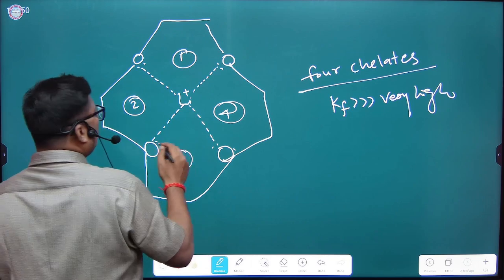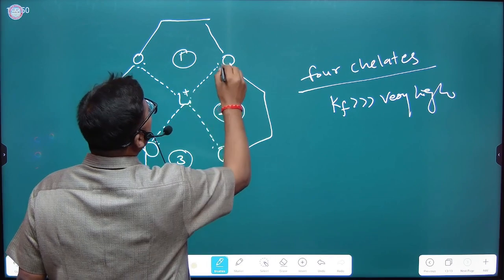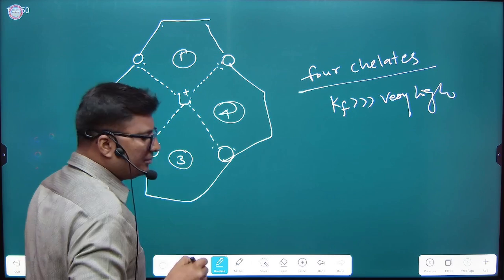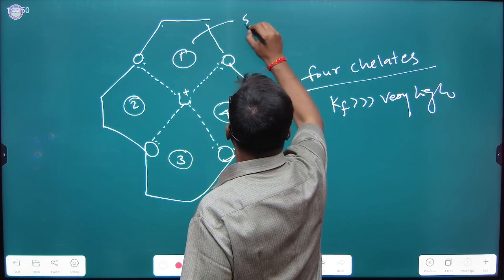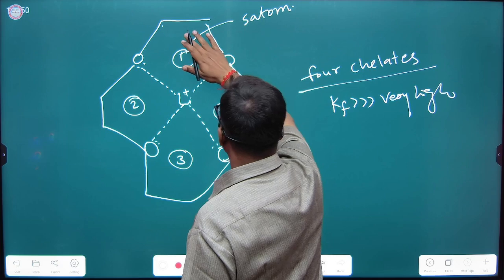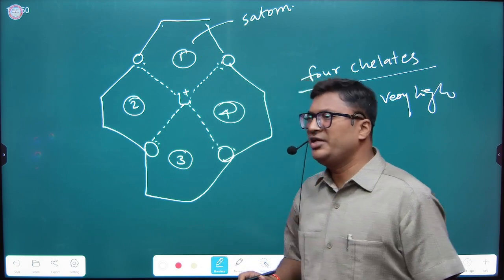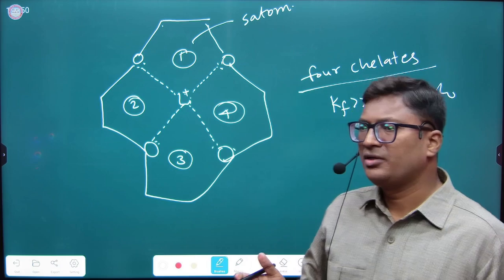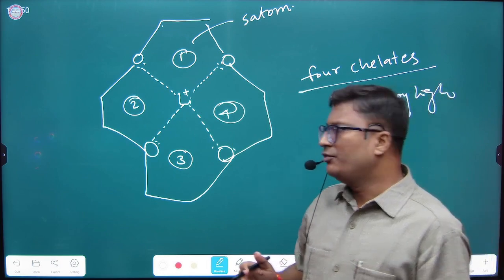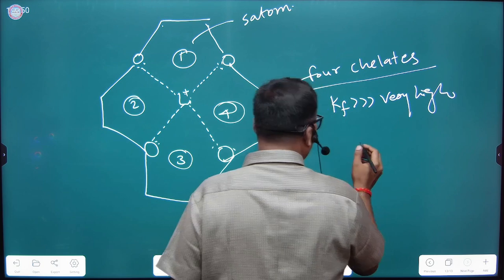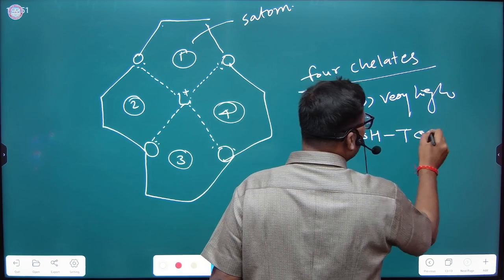So in the first ring there are 5 atoms. So in the ring structure, 5 atoms from this ring, 5 atoms from this ring, 5 atoms from this ring, 5 atoms from these rings. So there are many more atoms associated with the lithium cation. So if you explain thermodynamically, then delta G is equal to delta H minus T delta S, right?